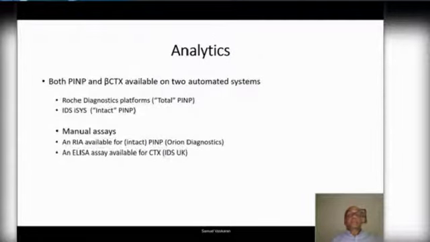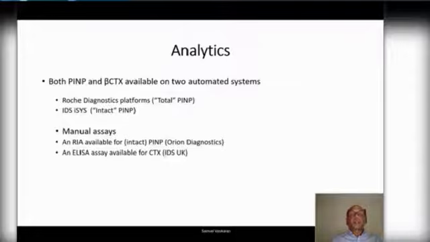Both P1NP and beta-CTX are available on two automated systems, the Roche system and the IDS iSYS. For P1NP, the two assays are somewhat different. The Roche assay measures total P1NP, whereas the IDS iSYS system measures the intact P1NP only.